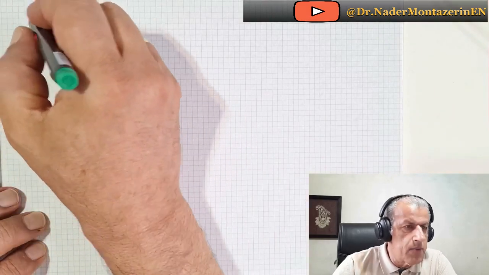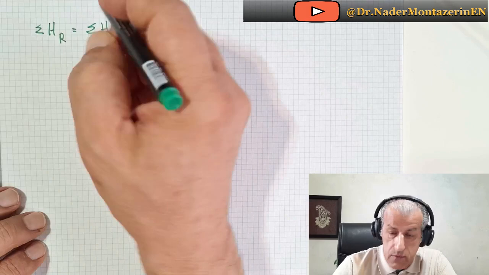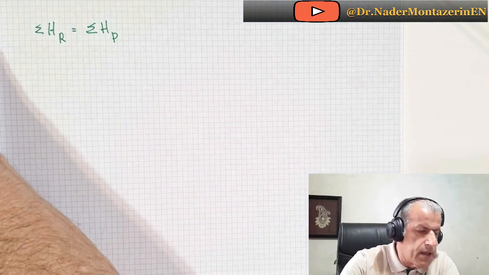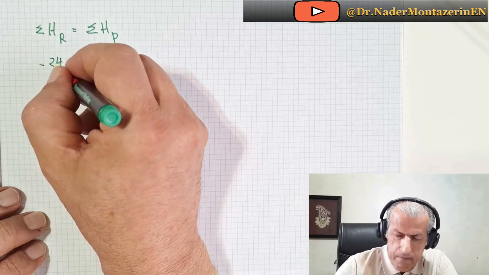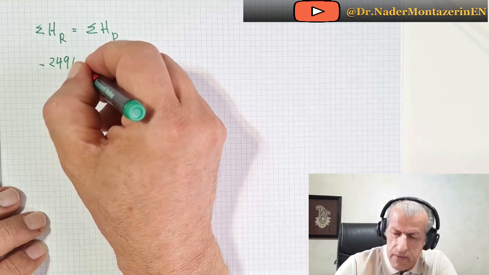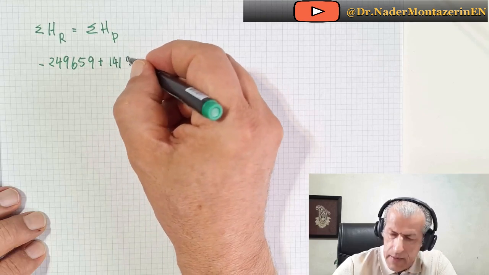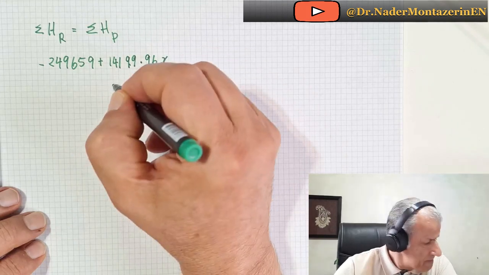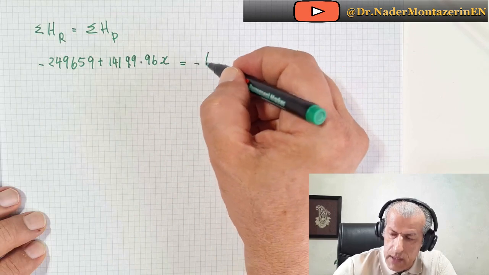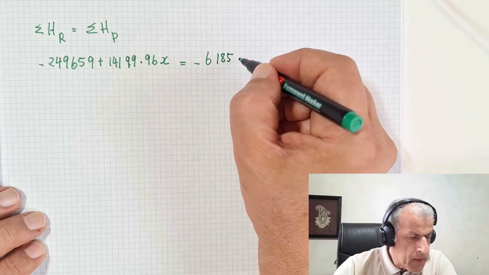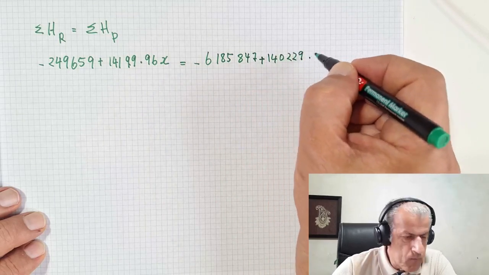Well, now that we know that the enthalpy of reactants equals the enthalpy of products, we may put numbers into this equation, and therefore reactants are minus 249,659 plus 144,199.96x, and that equals that of the products, which we calculated to be minus 6,185,847 plus 140,229.6x.